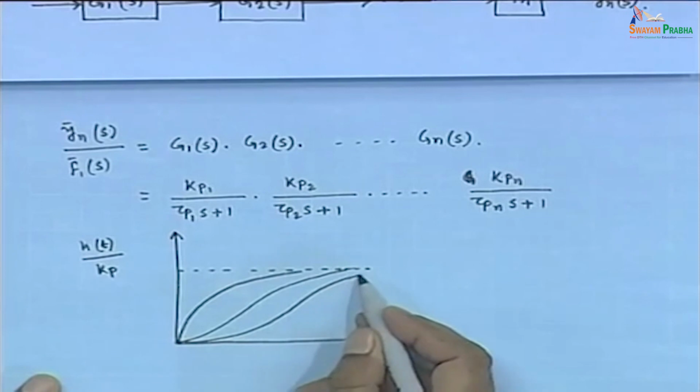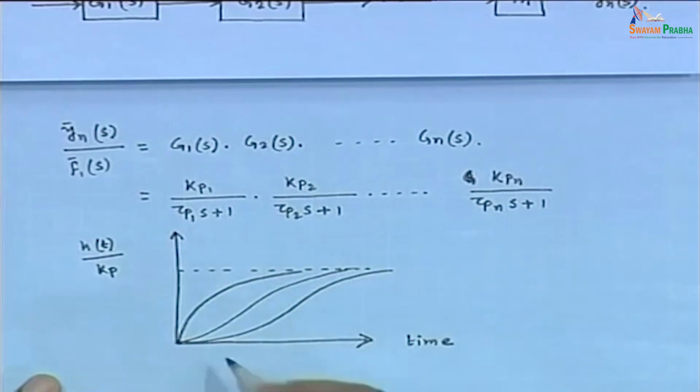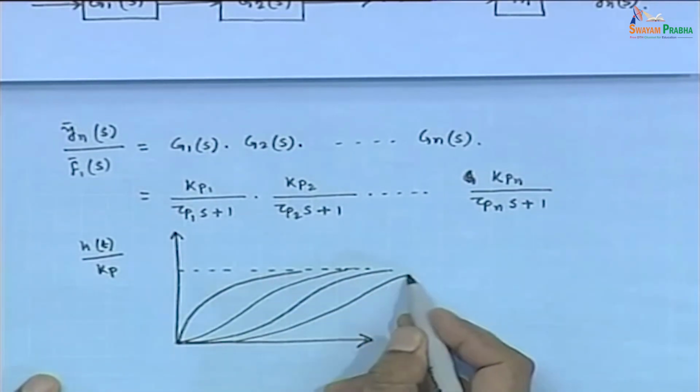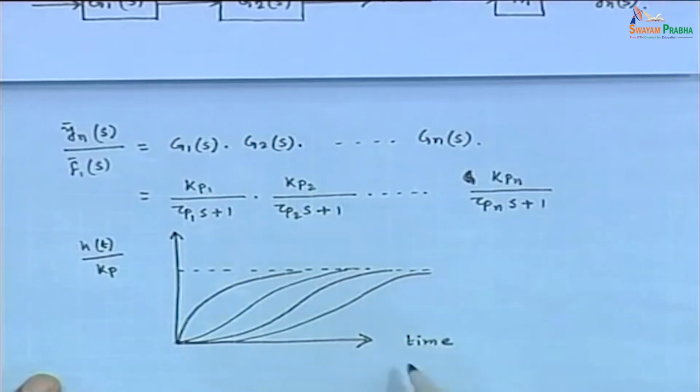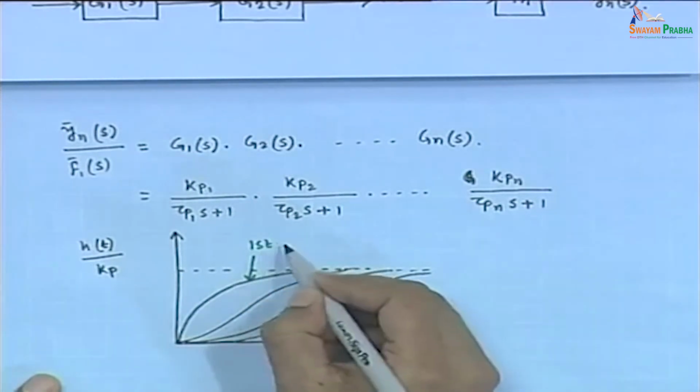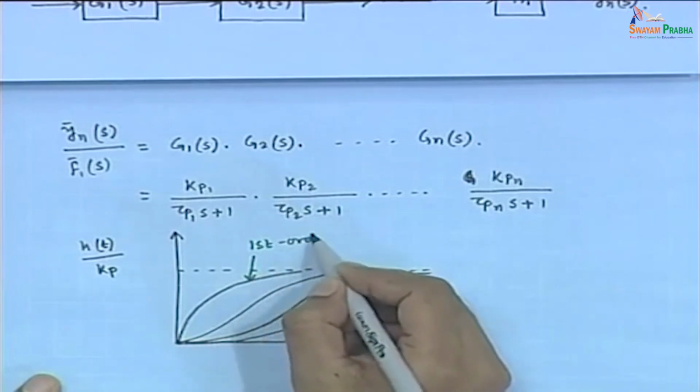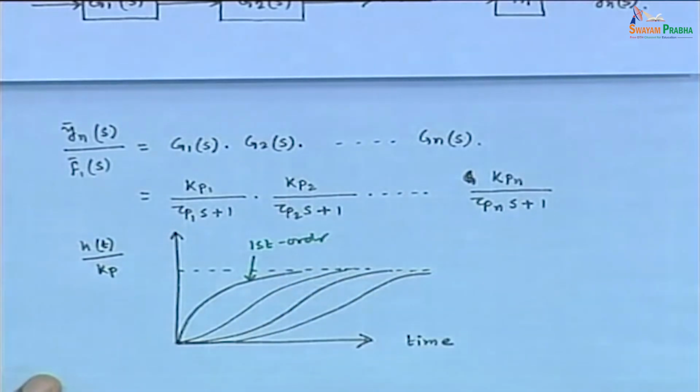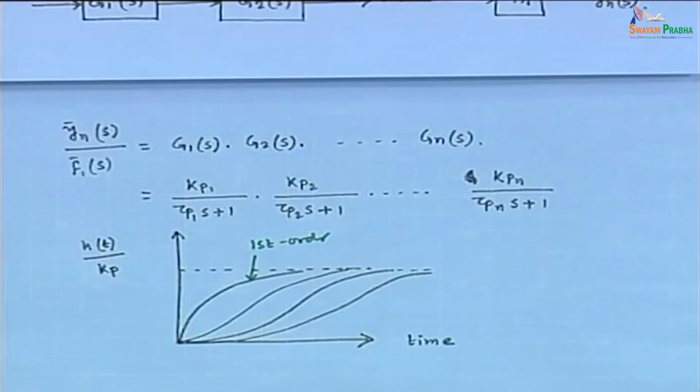This is for two interacting tanks in series, and this is for 4 non-interacting tanks in series. This is the representation of dynamics of a series of tank system.